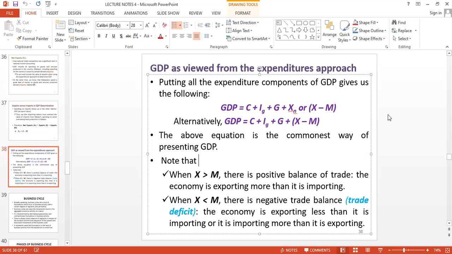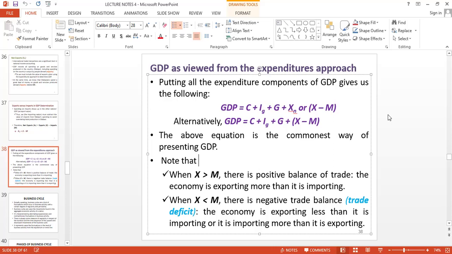Balance of trade is something to do with X minus M. What are your exports? What are your imports? So when X minus M gives you a positive answer, we say you have a balance of trade surplus. When X minus M gives you a negative number, we say we have a trade deficit.